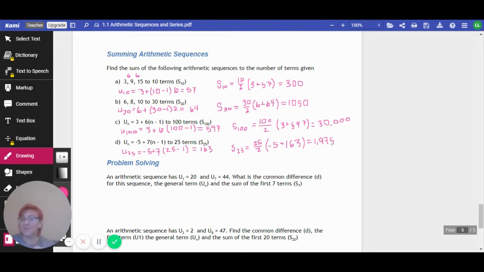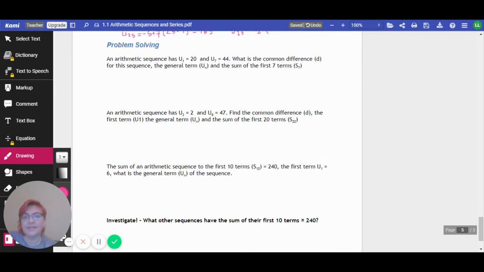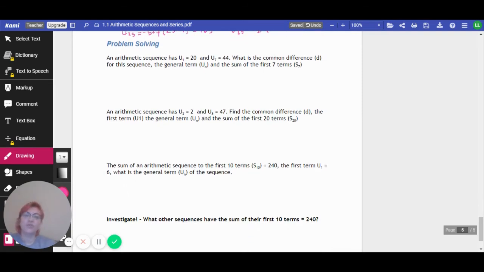Okay, a couple more to go. All right, an arithmetic sequence has first term 20 and seventh term 44. What is the common difference, the general term, and the sum of the first 7 terms? All right.